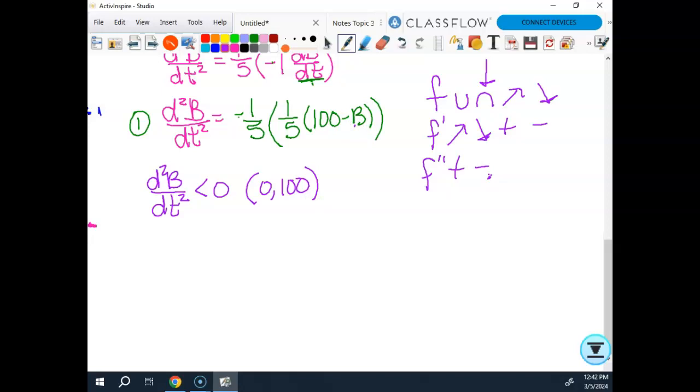And therefore, concave down. All right? We good with that? And this graph is concave up at some point, which I guess we still have to say. Yeah. We all okay on that?